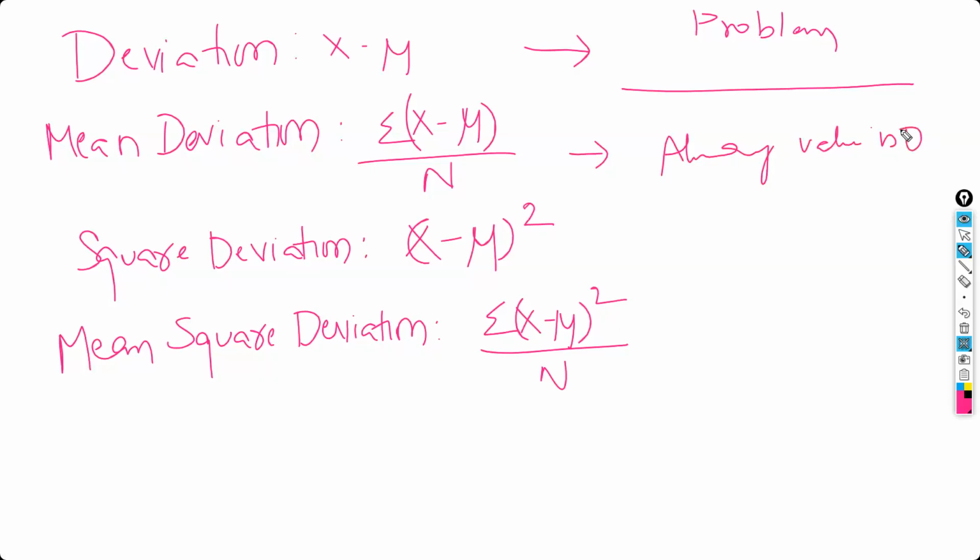This is the problem. Now come to the third one, mean square deviation. What is the problem with the square deviation? Again, every record will have one value, and wherever every record has one value, that is not important for us. We require overall data, not individual. Never focus on the individual.